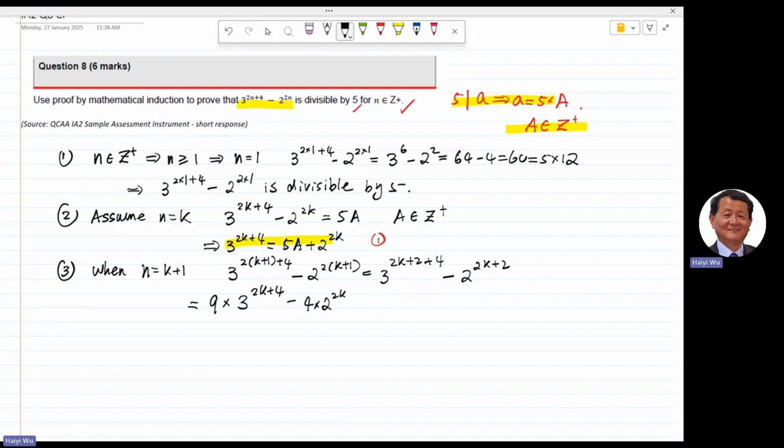Now we're going to substitute equation 1 into the expression.